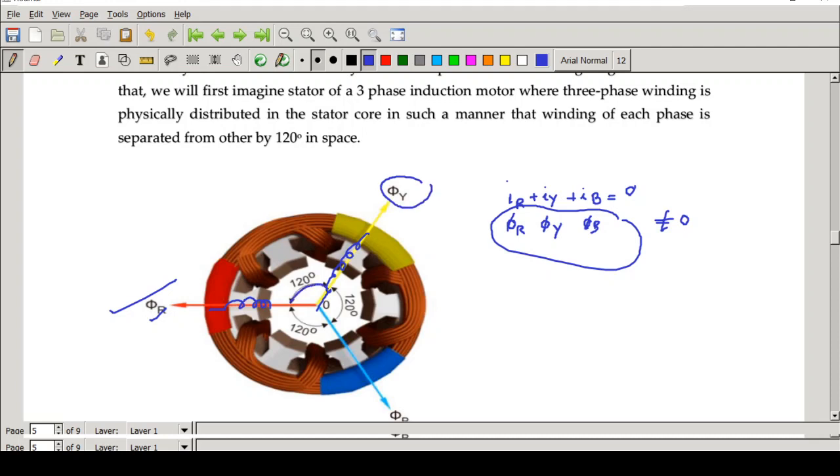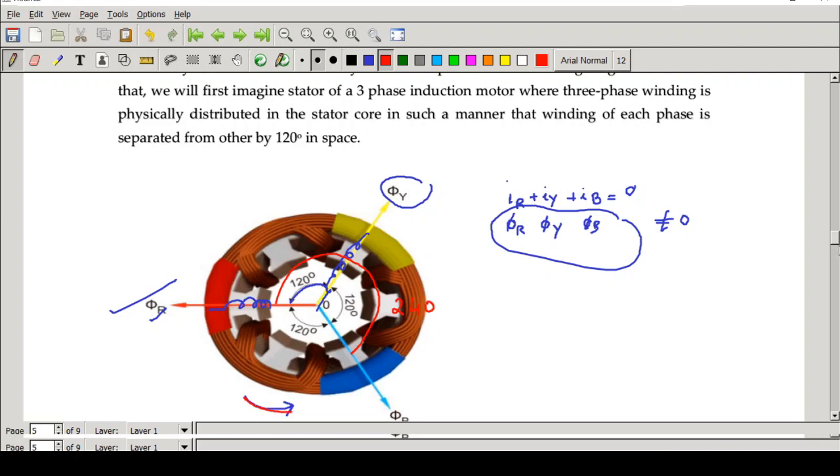So the angle between R and Y is 120 degrees. If you take the direction of rotation like this, you can say that the Y phase is lagging behind the red phase by 120 degrees. What about the blue phase? The blue phase will be lagging the red phase by 240 degrees, if we take the direction of rotation in this direction.